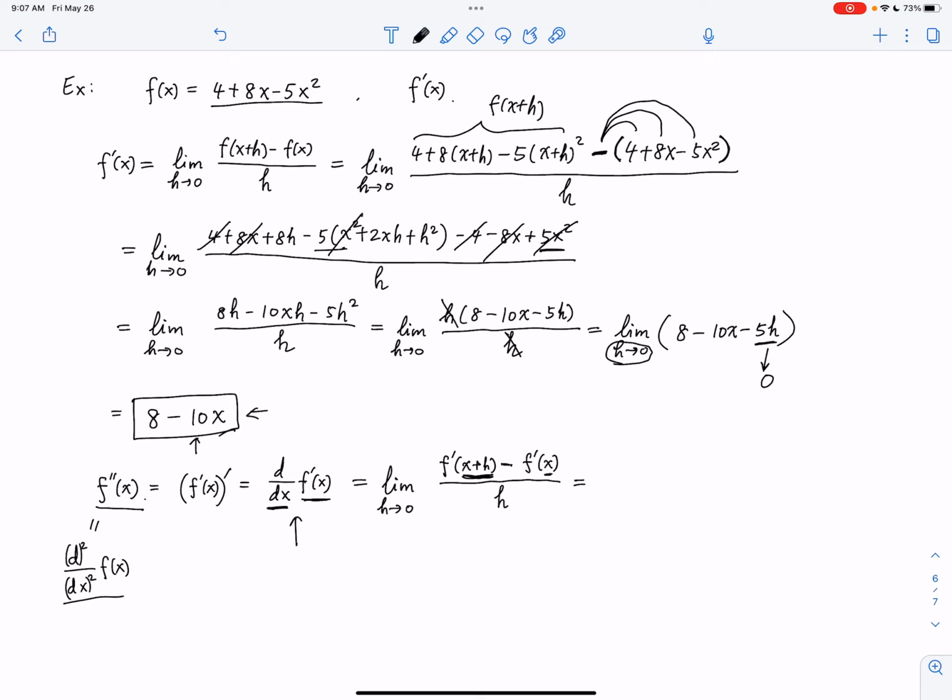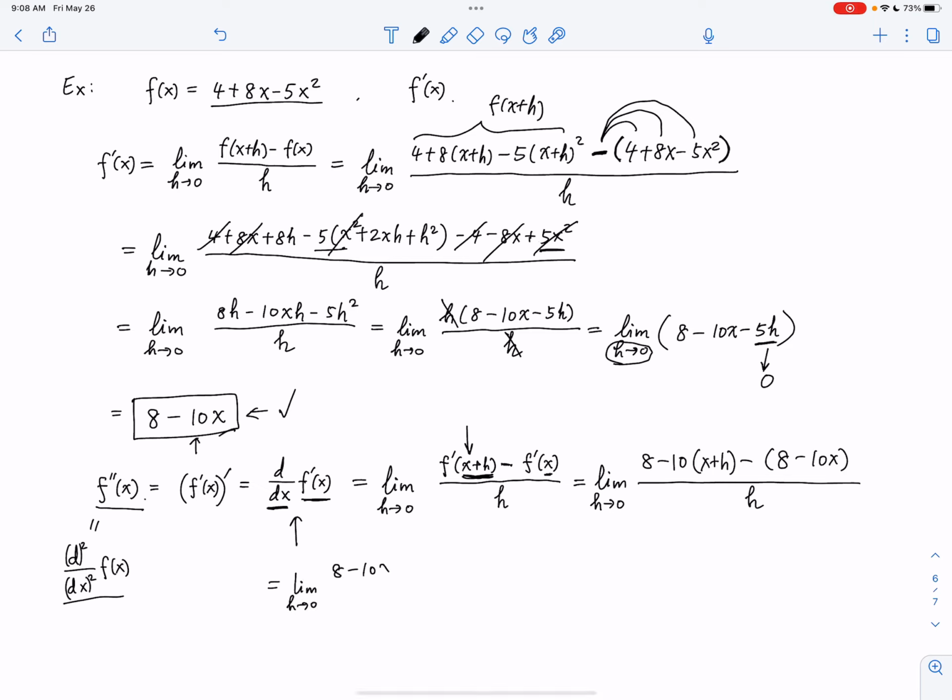And f prime we already know, it's 8 minus 10x. It's right here. So what you do is you just do 8 minus 10, but it's x plus h for the first term. So it's f prime x plus h minus f prime x, and that's just 8 minus 10x. All right, now you can do the cancellations. So I have 8 minus 10x plus, minus 10h minus 8 plus 10x over h.